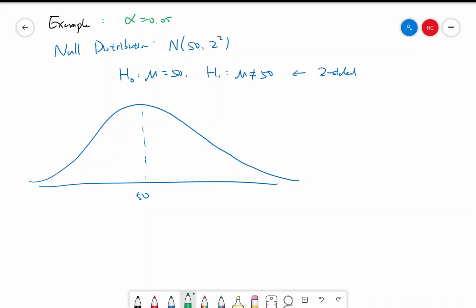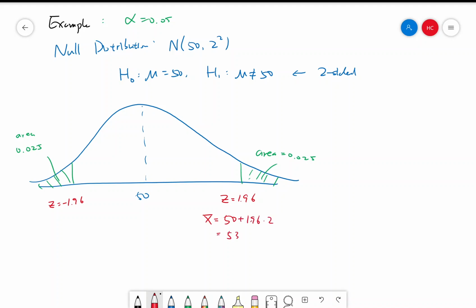So we want to first find the critical points, which yield p-value equal to 0.05. If we want a p-value to be equal to 0.05 for two-sided tests, then each side has to have an area 0.025. And we also should know this number because this is the number that gives you two-sided confidence intervals. So if the area of the tail is 0.025, then the z-score is going to be 1.96 and negative 1.96. So the critical points are 50 plus 1.96 times 2, which is 53.92.